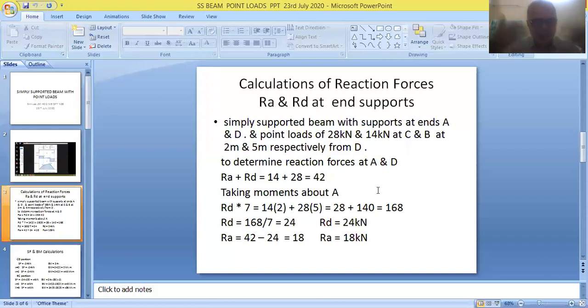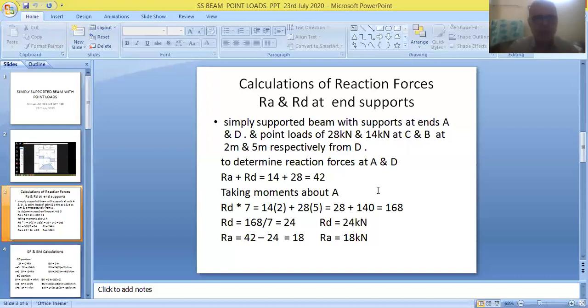And friends, the second condition: the sum of all the moments about a particular point must also be equal to 0. This is another factor for the equilibrium condition.